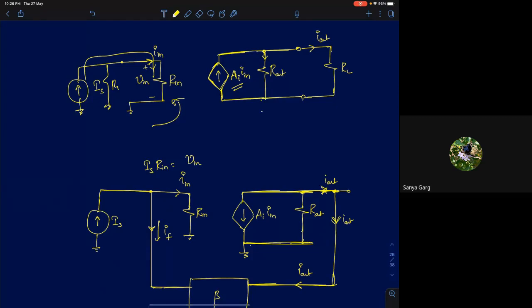Similarly, at the output, you want all the current this amplifier is producing to flow into the load resistance, which means R out has to be as high as possible. We'll keep this point in mind.